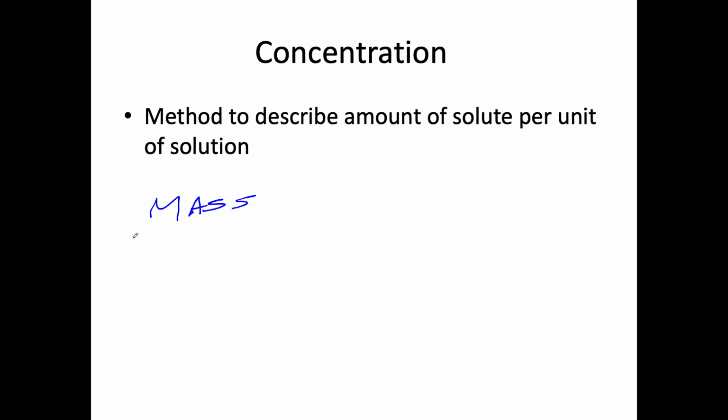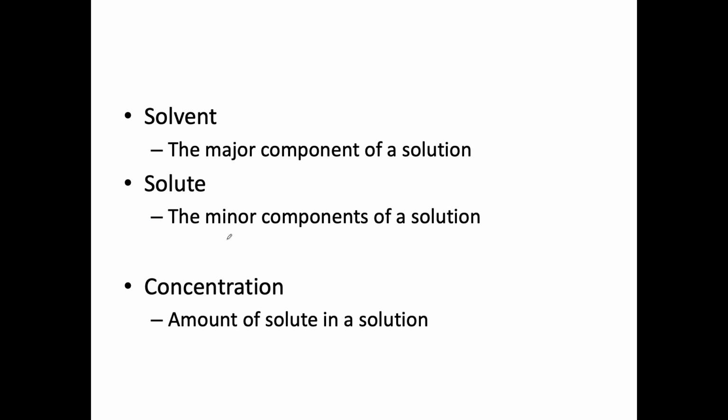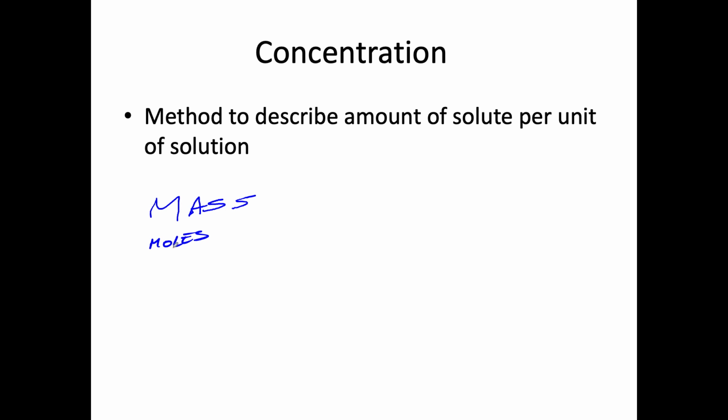Mass of the solute. So mass, moles. These are the kinds of things that we're talking about when we talk about amount of solute. Mass or moles, this is what we're looking at, per unit of solution. So when we're talking about solution, we may look at kilograms, mass of solution, or volume, liter of solution.